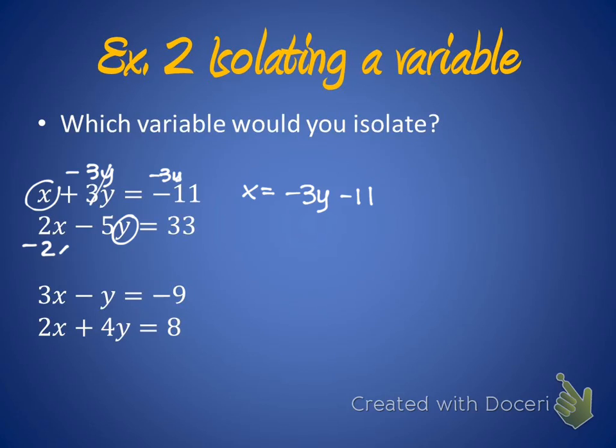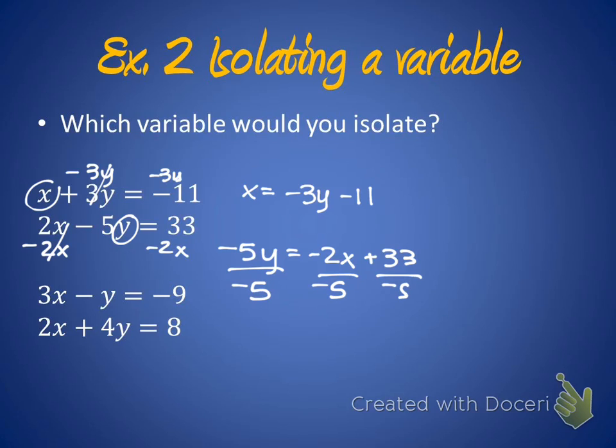We would subtract 2x on both sides, and we would get negative 5y equals negative 2x plus 33. Then I would need to divide by negative 5. And I would get y equals 2/5 x minus 6 and 3/5.